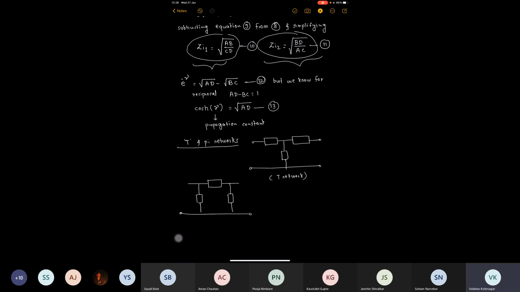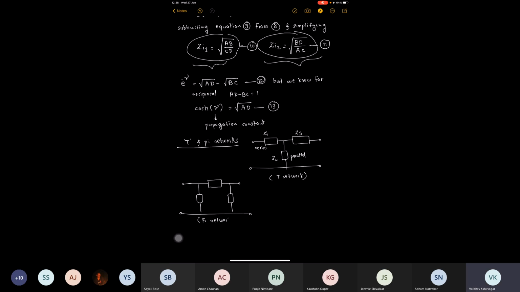Okay. So all these reactive elements which are present in the arms have certain impedances Z1, Z2 and Z3. So the first element in the case of the T configuration is series, the second element is parallel, and the third element is again series. In the case of a pi network, it looks like a pi type of network.